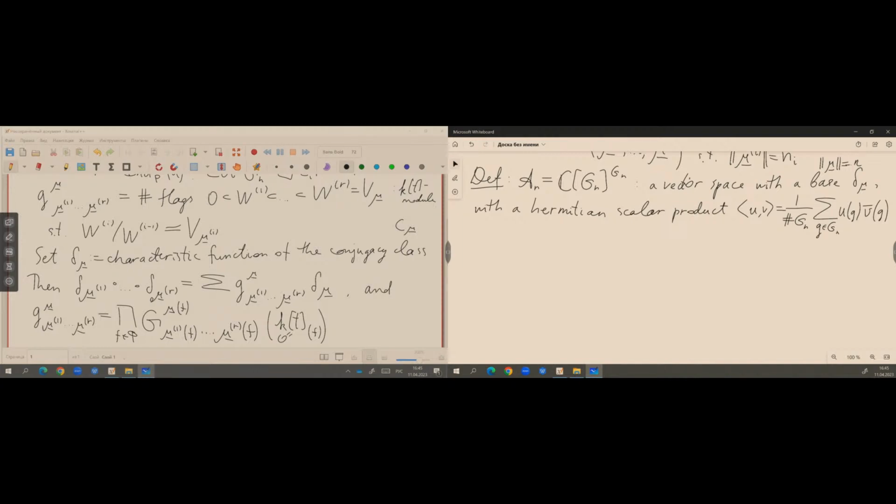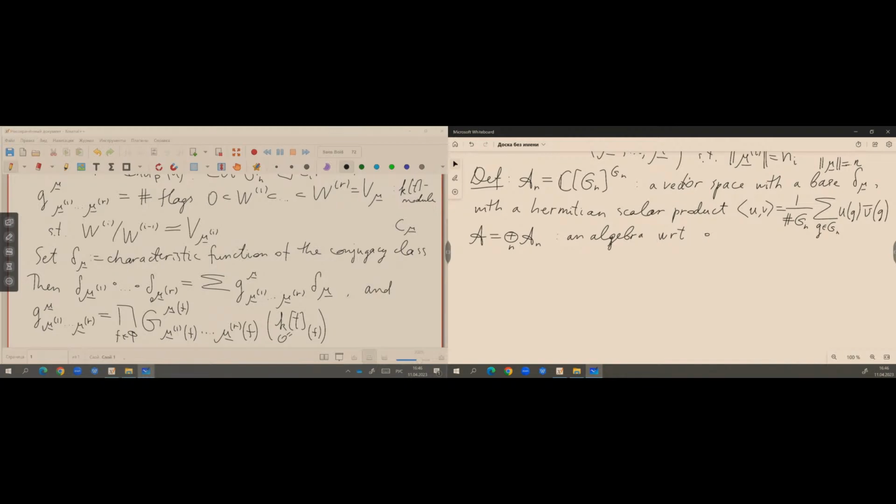Okay, and then since we just introduced this operation of parabolic induction, it makes sense to consider the direct sum of all those spaces, and then it is an algebra with respect to the parabolic induction structure, this product.